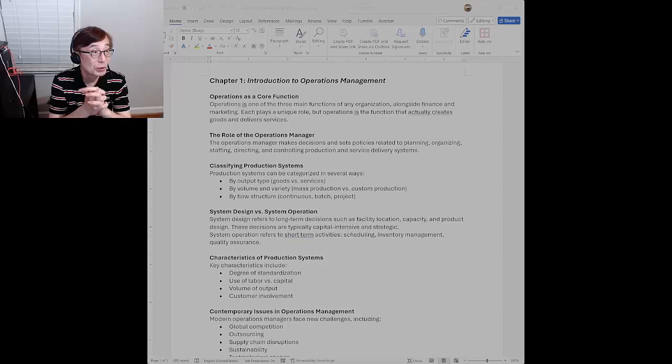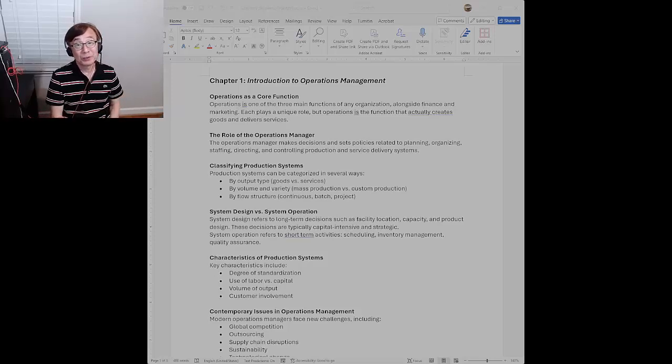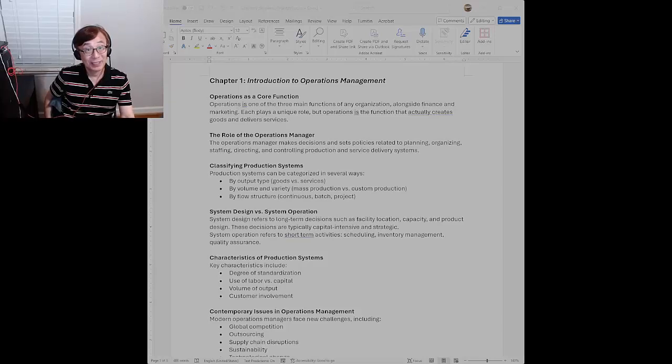It also talks about the role of the operations manager. So the operations manager makes decisions, right? And talks about policies and planning, organizing, staffing, directing, those important decision making. For example, a hospital. We go to the hospital all the time, but there's always operations managers working behind the scenes, right?